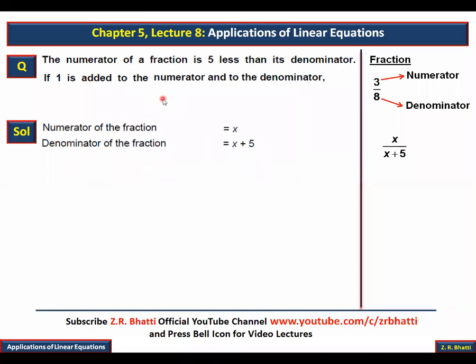Now look at the other information according to the question. If 1 is added to the numerator and the denominator, its numerator will become x plus 1 and its denominator will become x plus 5 plus 1. Understand? What was the question? There was a certain fraction whose numerator was 5 less than the denominator.